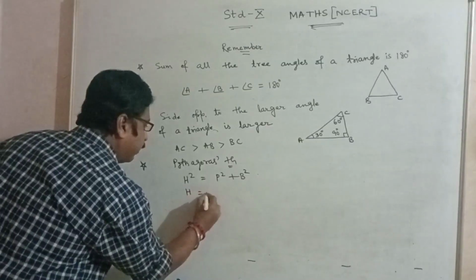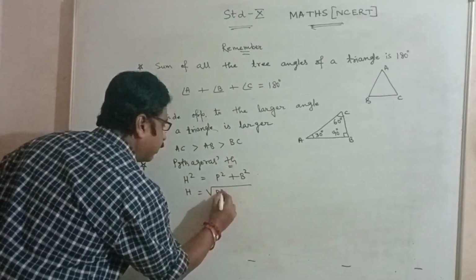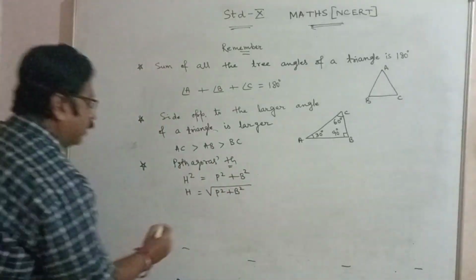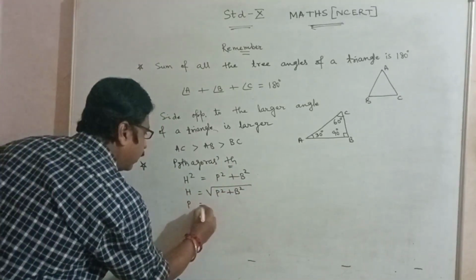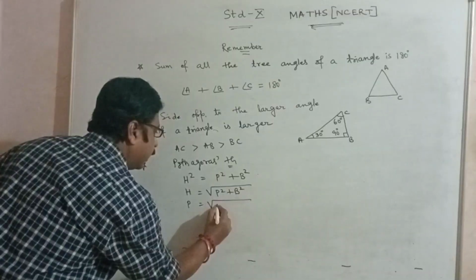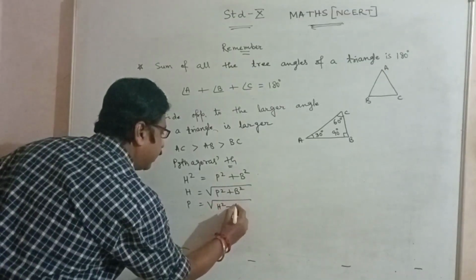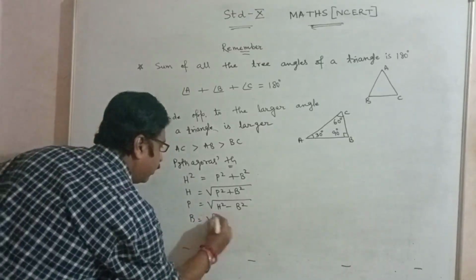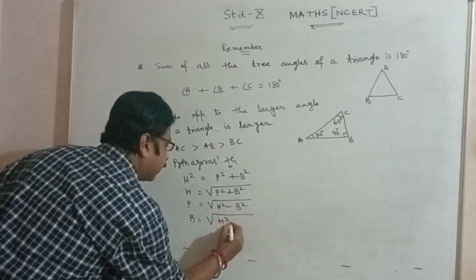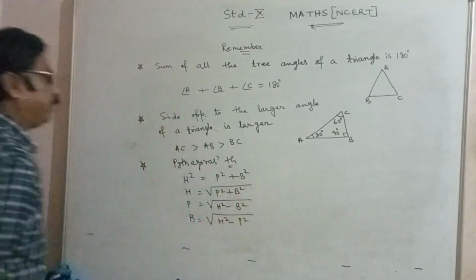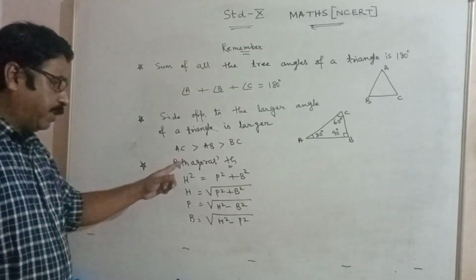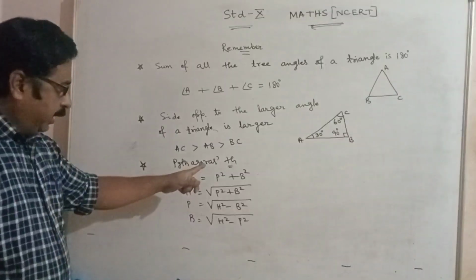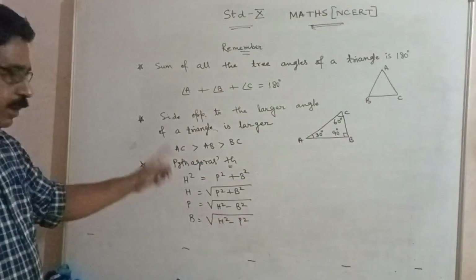That means H is equal to root over P square plus B square. P is equal to root over H square minus B square. B is equal to root over H square minus P square. It is applied for right angled triangles only. And in a right angle triangle, hypotenuse is the largest.